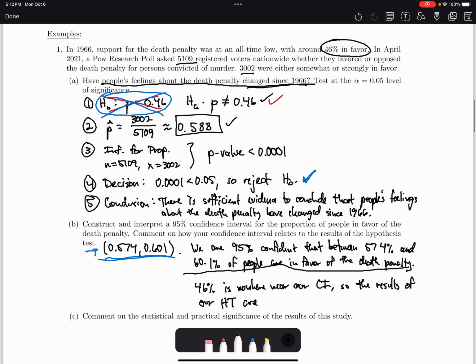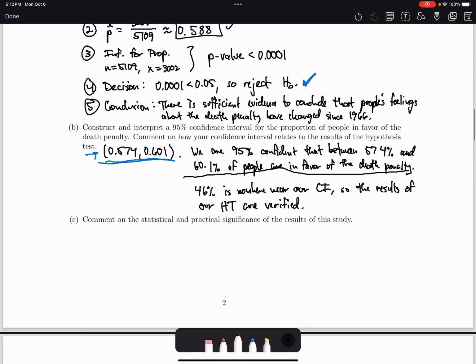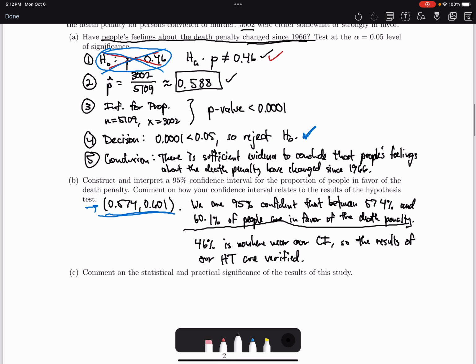All right, part C, comment on the statistical and practical significance of the results of this study. Okay, so in the previous section, we learned that statistical significance is measured by the p-value, basically, right? If you reject the null hypothesis, then the results are statistically significant, right? And that's what happened here, okay? So this result is definitely statistically significant.